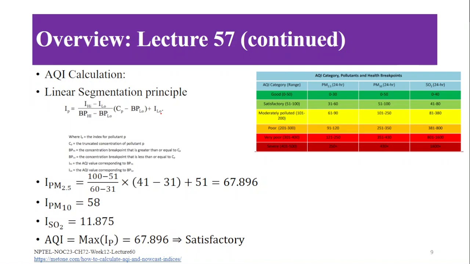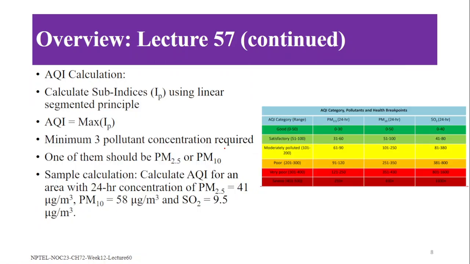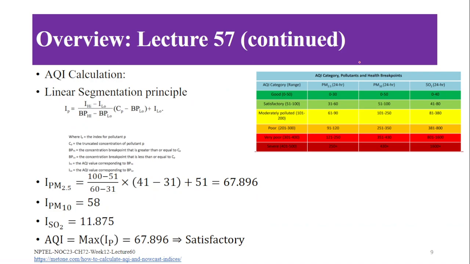So as was given in the question, for PM 2.5 we are given the concentration of 41 microgram per meter cube. So where does this lie? It lies between the breakpoints 31 to 60. So this is BP HI, and this is BP LO.